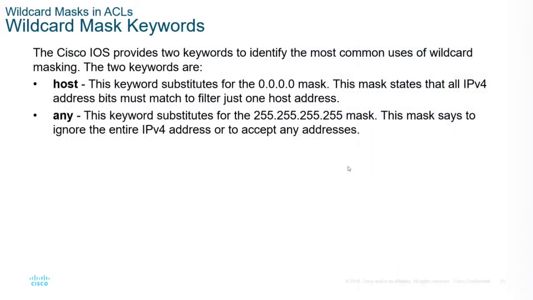A couple of things to note when we're writing ACLs: there are a couple of keywords that we can use to replace having to write the mask. We can say host or we can say any. A host is useful if I'm writing an ACL that's going to be applied to a single IP address.